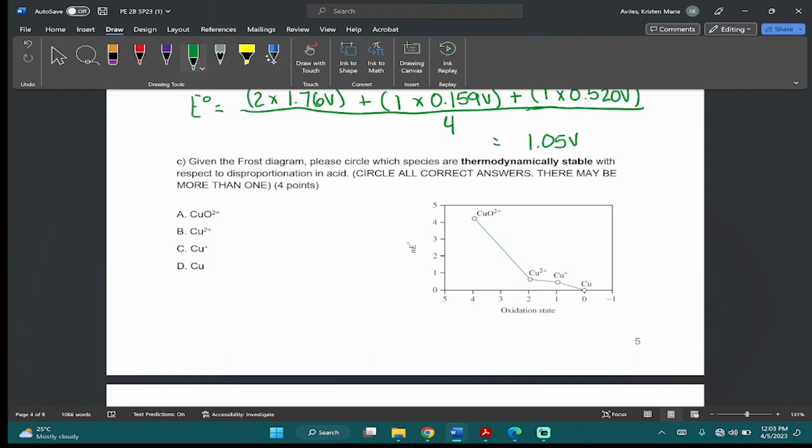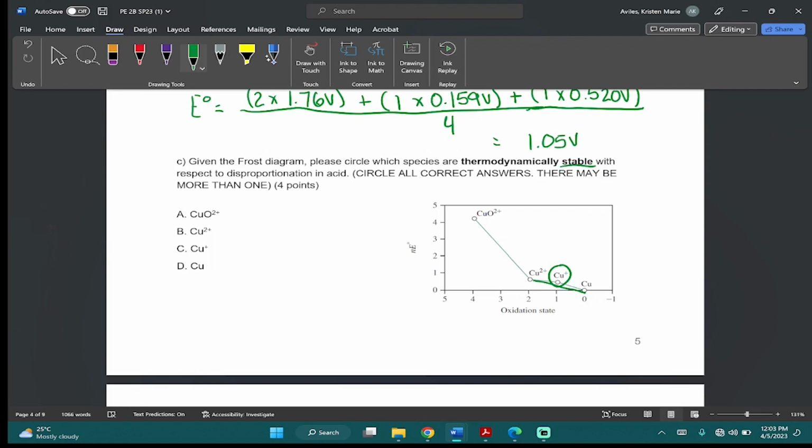Here, what we need to figure out is which ones aren't going to spontaneously disproportionate. So if we remember from class when we drew lines connecting things, things above the line are unstable. So those disproportionate. And that makes sense. When we think of copper, we don't think of copper in the +1 oxidation state very often, right? It's usually in +2 or solid. So it makes sense that copper+ isn't a very stable species.